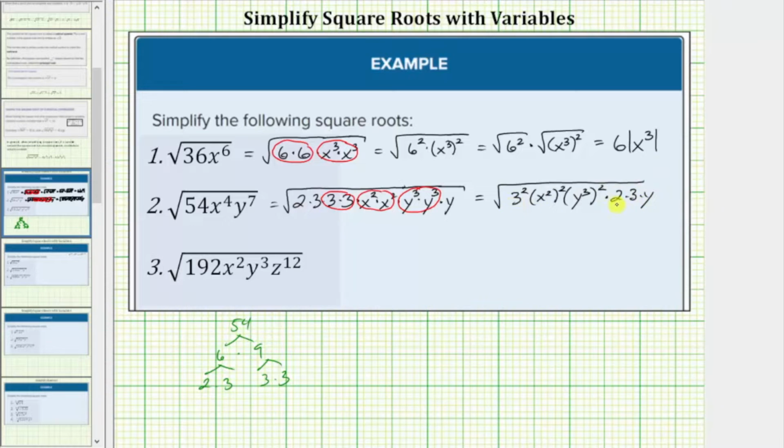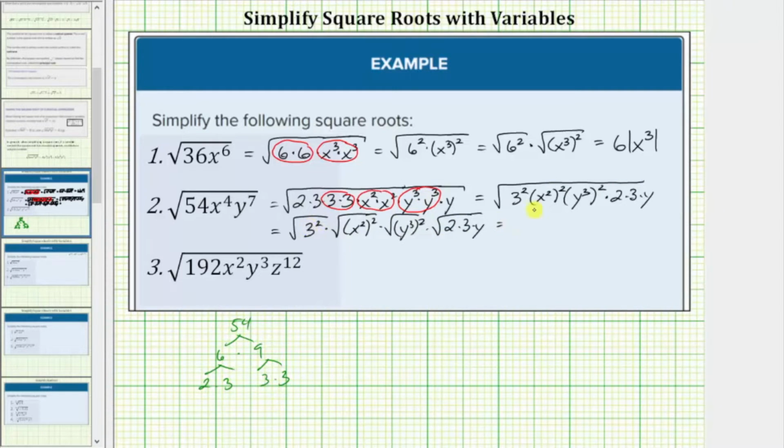And now we'll write this as a product of 1, 2, 3, 4 different square roots. This is equal to the square root of 3 squared times the square root of x to the second squared times the square root of y to the third squared times the square root of 2 times 3 times y.